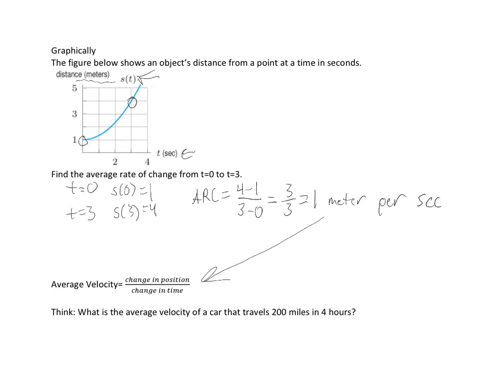So if you think about a car, what is the average velocity of a car that travels 200 miles in 4 hours? Well, it changed in position by 200 miles. It went 200 miles divided by 4 hours. We know that that car is traveling 50 miles per hour on average.